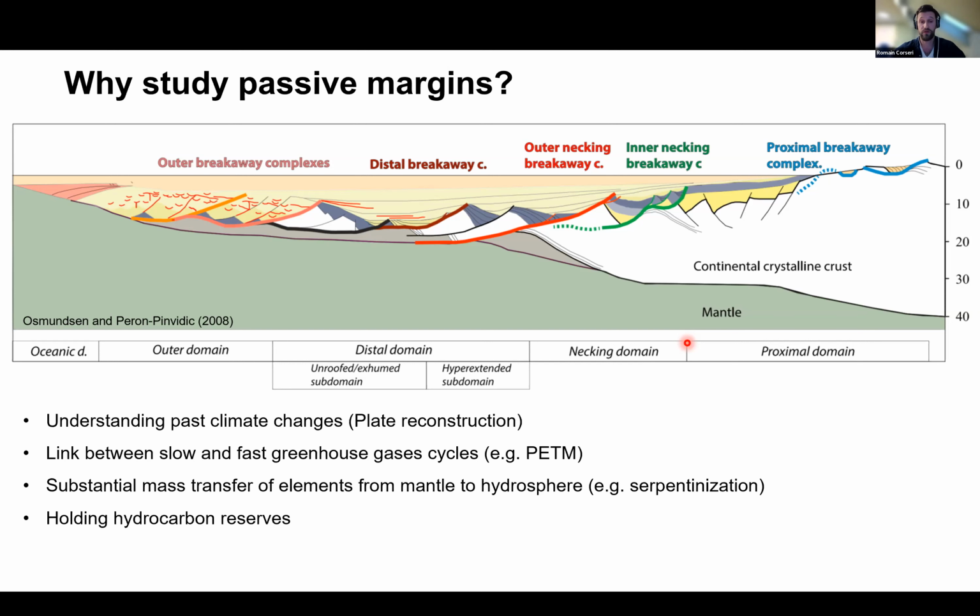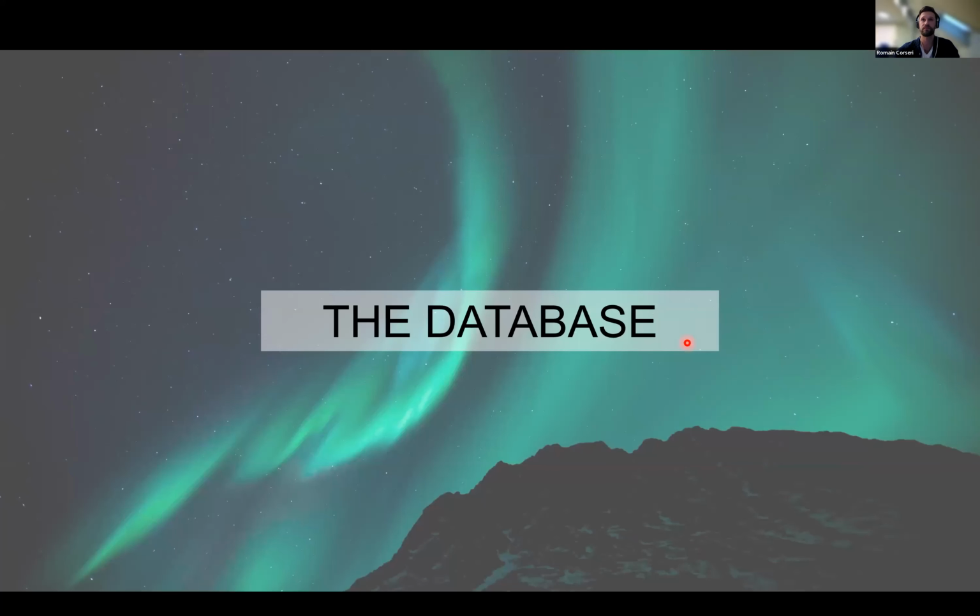It's also an important point of the interaction between the fluid Earth and the solid Earth, for example how water would be transferred to the deeper mantle. And finally, it holds significant hydrocarbon reserves. So this is why we study passive margins.